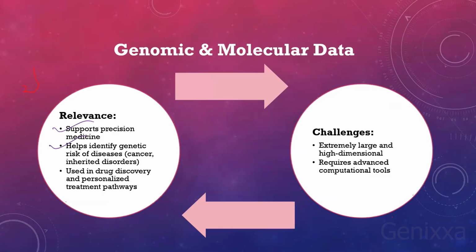Similarly, it can help us identify genetic risk of certain diseases, especially some inherited disorders. If we report from some patients, that can assist us in predicting better treatments for those specific patients. Similarly, it can be used for drug discovery as well as for personalized treatment pathways, depending upon the complete genetic information of the target patient.